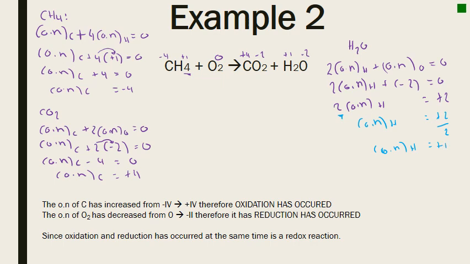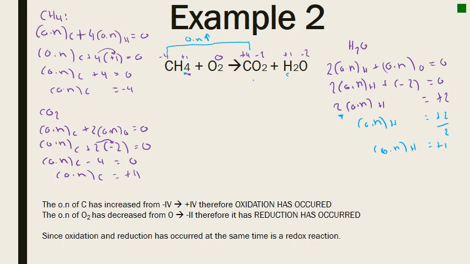Now we look at what we have. Carbon went from -4 to +4. So the oxidation number increased. Okay, remember, oxidation number increased, that means oxidation has occurred. For hydrogen, hydrogen here is +1 and hydrogen here is +1. It did not change.